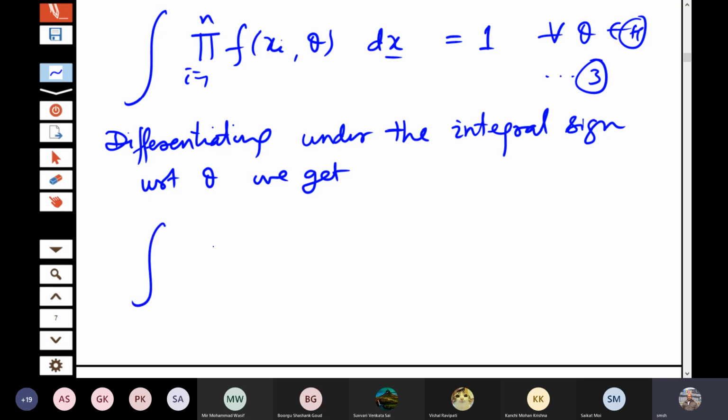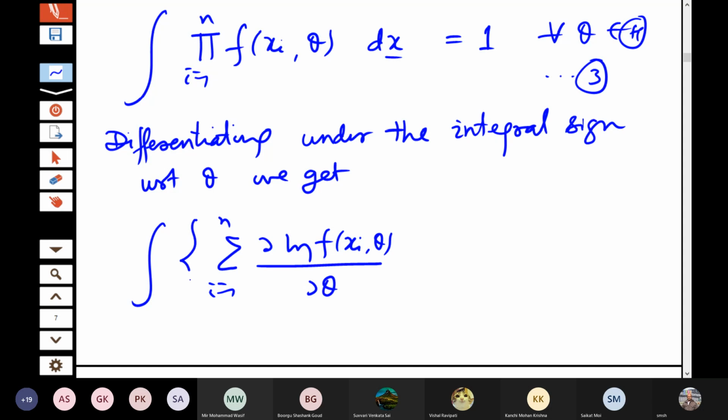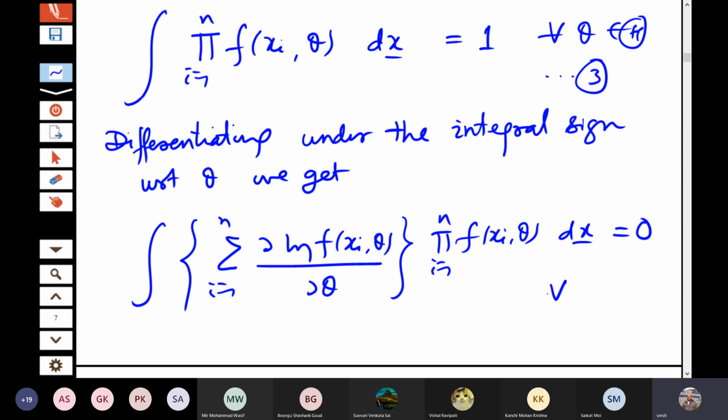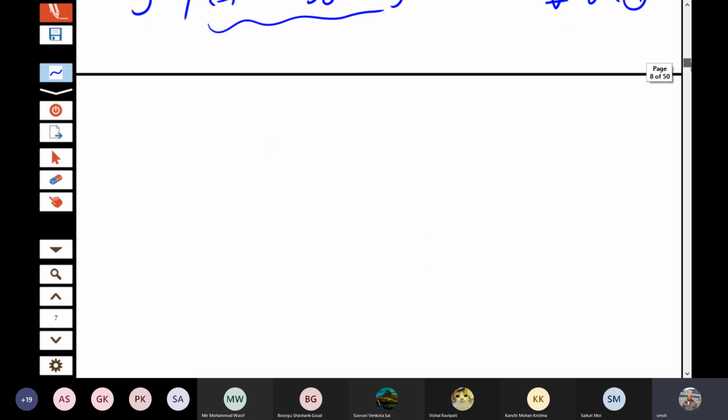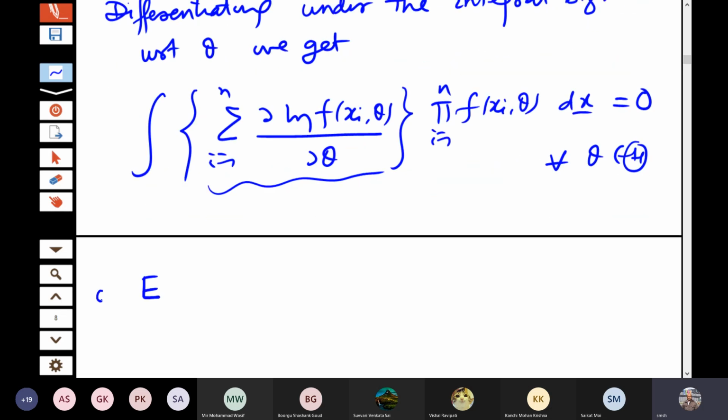Only this much is there. So this is giving you again sigma del by del theta, and the right hand side will become 0. But this is nothing but again S(x, theta). So this is giving you expectation of S(x, theta) is 0.